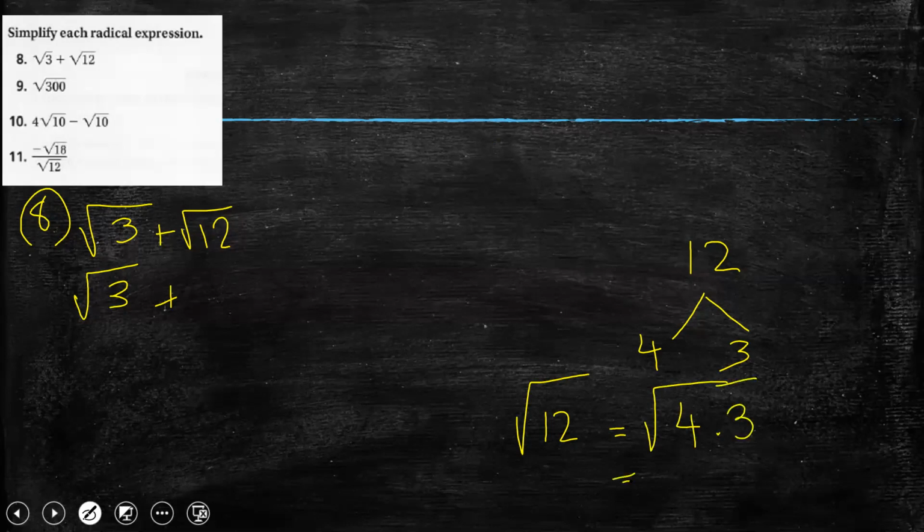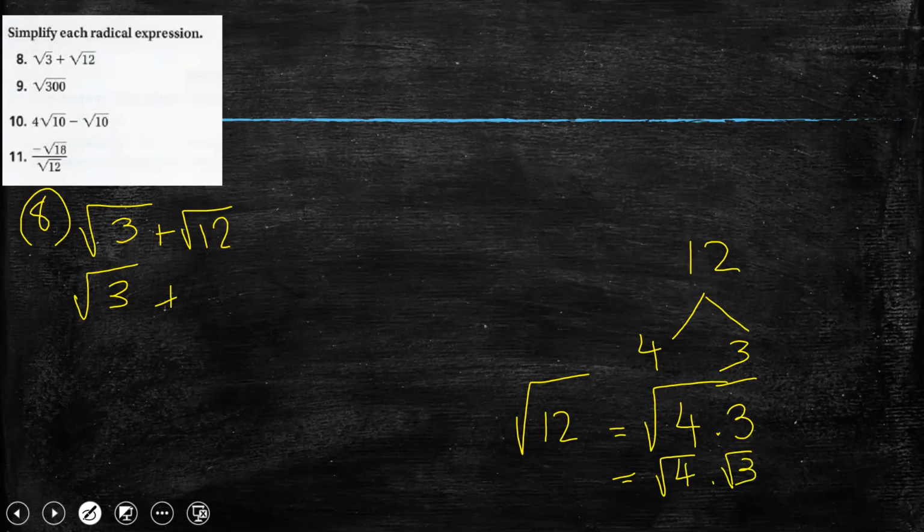Then I can distribute the square root since they are multiplied. And as I told you, remember, if they are multiplied or divided, you can distribute the square root. If they are added or subtracted, you cannot. So here, since the two numbers are multiplied, I can distribute the square root on them. So we have square root of 4 times square root of 3.